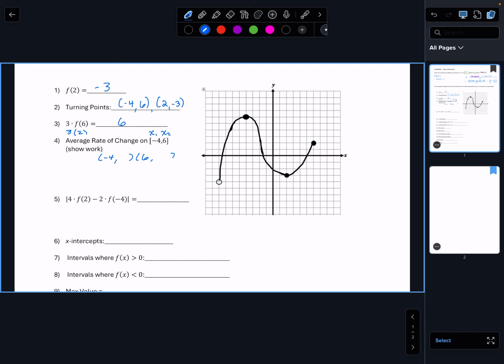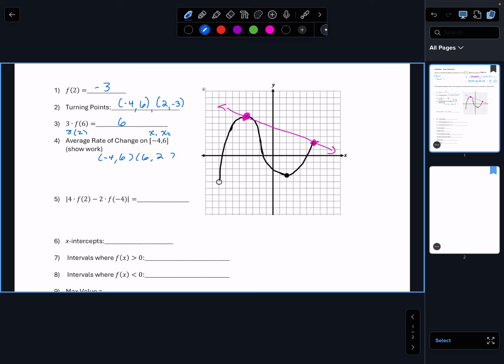And so at -4, you are up at this point, and at 6, you're at this point, and what you are doing is finding the slope of the line that goes through those 2 points. That's known as the secant line. So at -4, you're up at 6, and at 6, you're up at 2. There isn't a function listed, so you have to use the graph to get the y value.